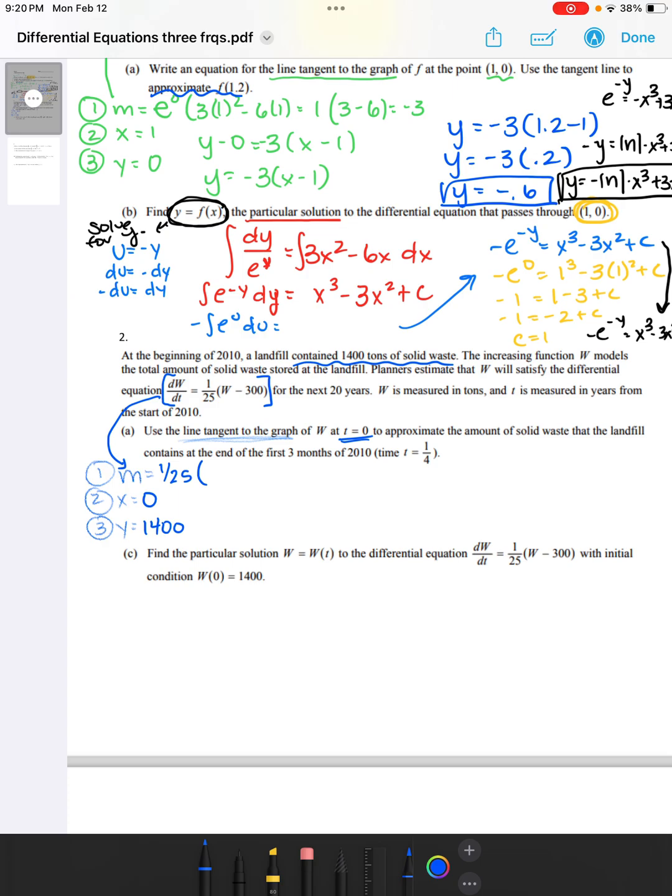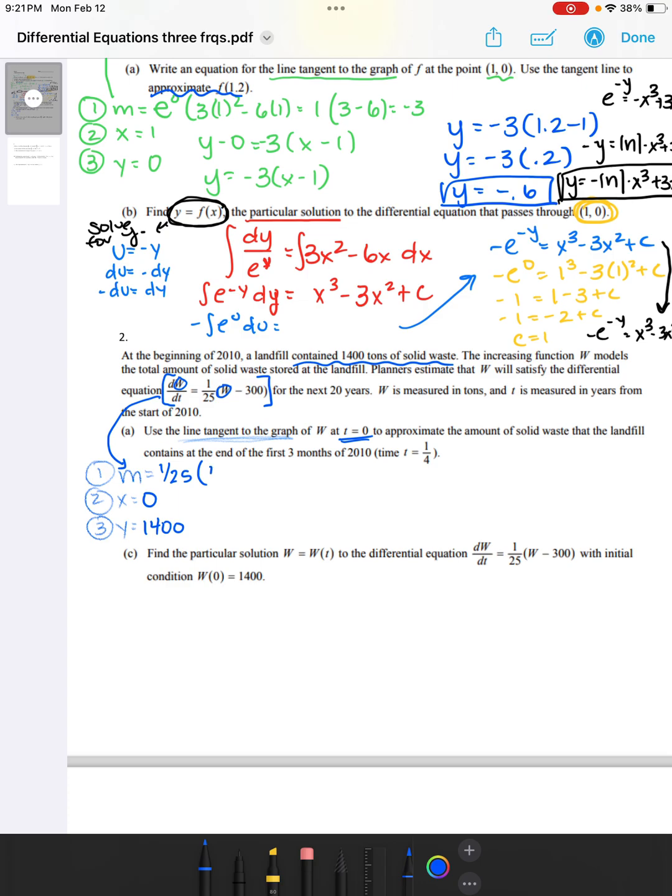Now, pay attention to what we're looking at here. W minus 300. W is really the y, so my y minus 300. And I know that it's my y because it's dW over dt, the derivative of W with respect to t. So the letter on top is showing me my y values.